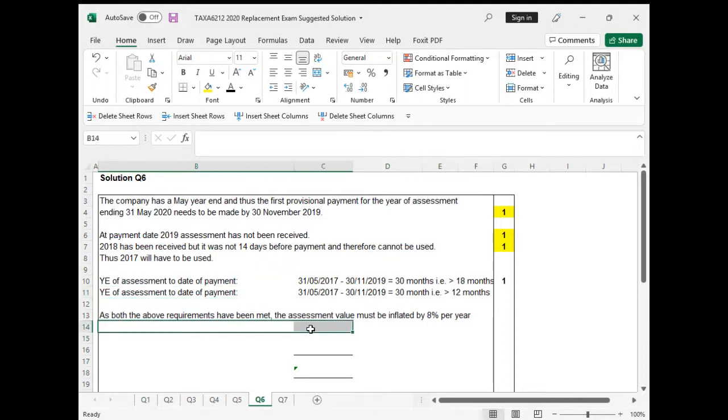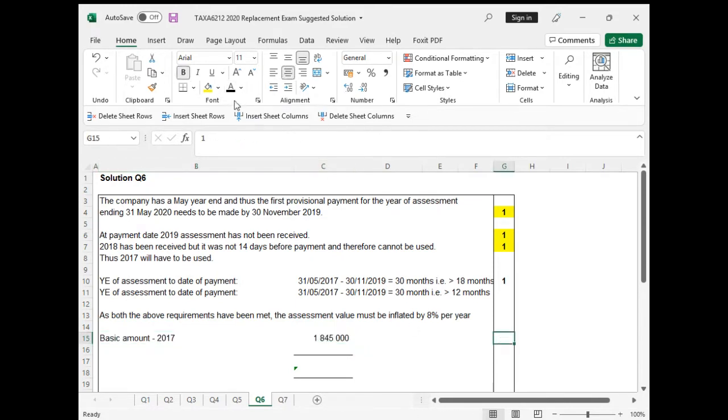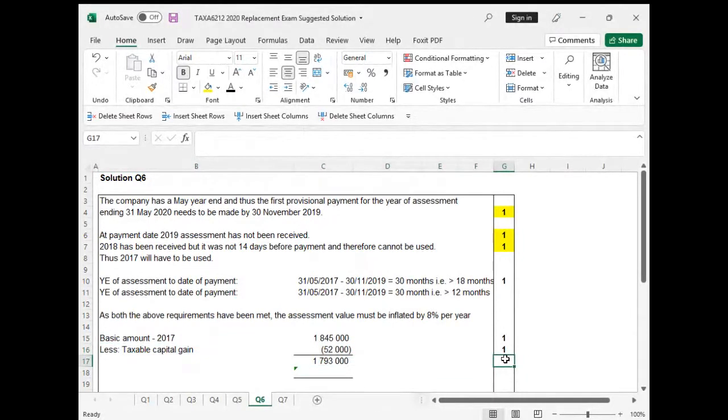So the first thing we start off with is our basic amount per the table, which was the 1.845 million for 2017. So you bring that out of the table. Then we deduct the capital gain for that year, the information that they've given to us, because the capital gains might not happen every year.